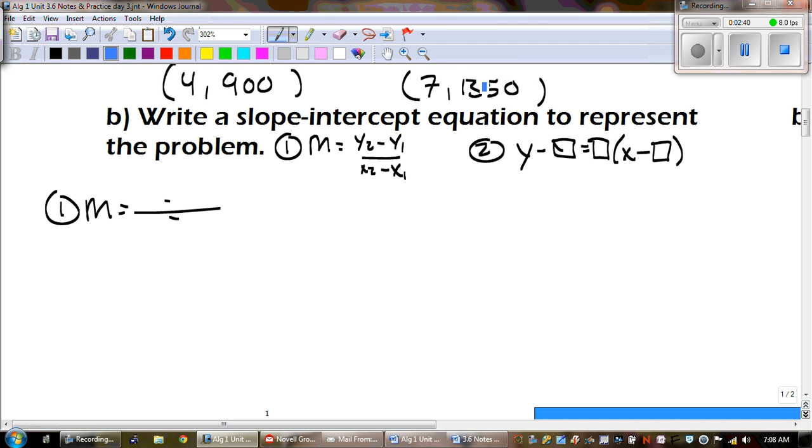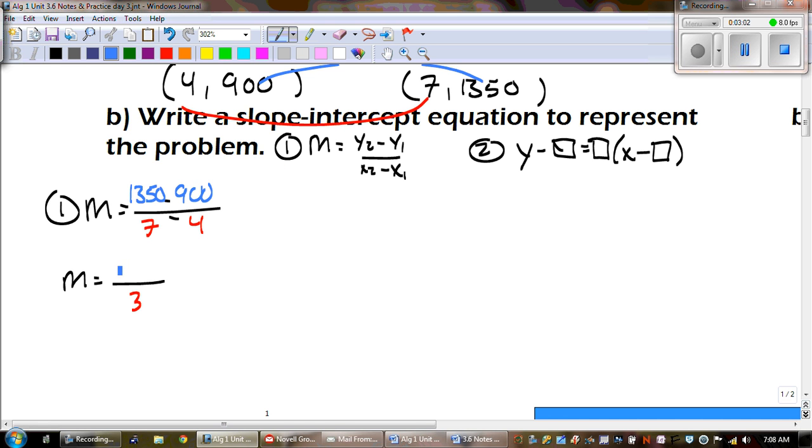So, step 1, find the slope. What goes on the top? 1350 minus 900 over 7 minus 4. Make sure you're using the right numbers. Well, 7 minus 4, that's easy, that's 3. What's 1350 minus 900?